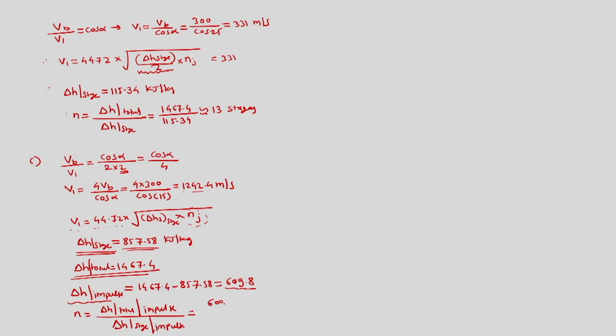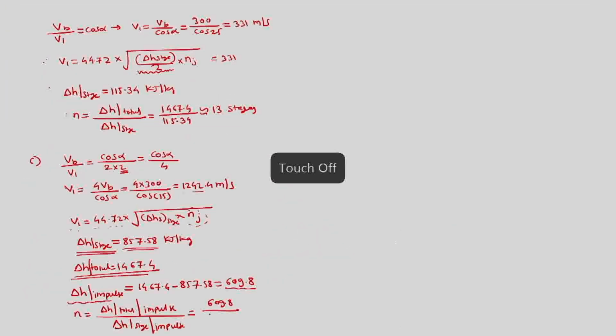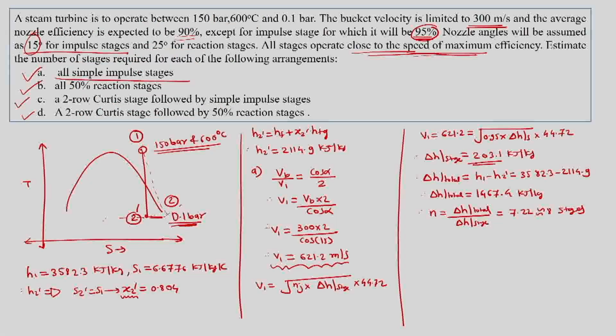We have 609.8, and we found delta H stage for impulse to be 203.1, so we have around 3 stages. So the 2-stage Curtis will be followed by 3 stages of simple impulse turbine, whereas we would need 8 stages of simple impulse alone.